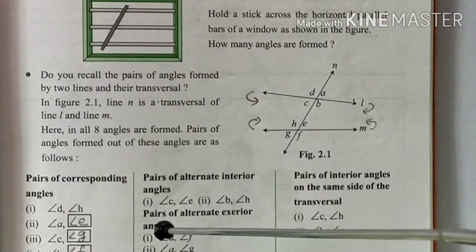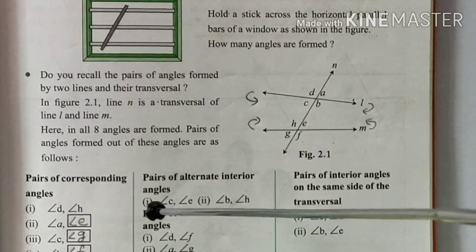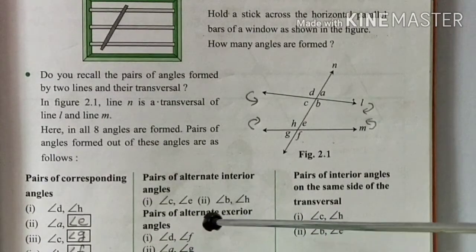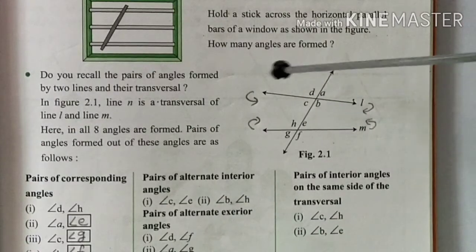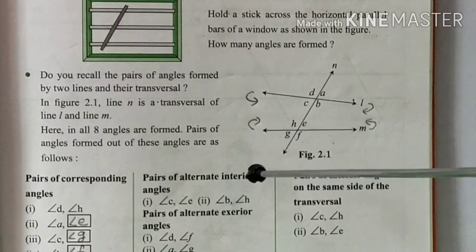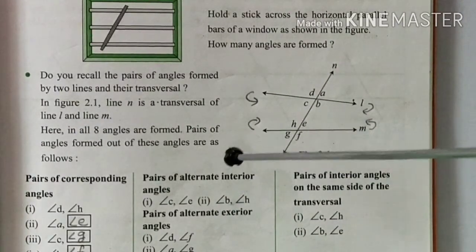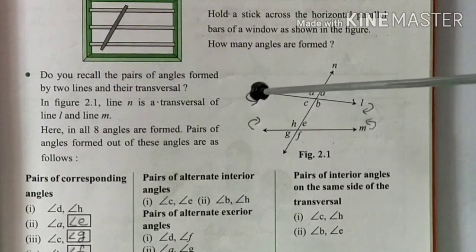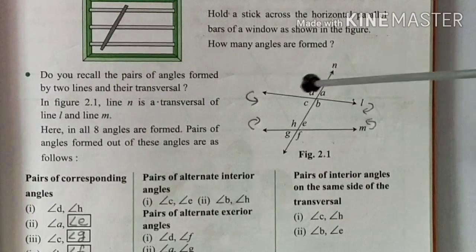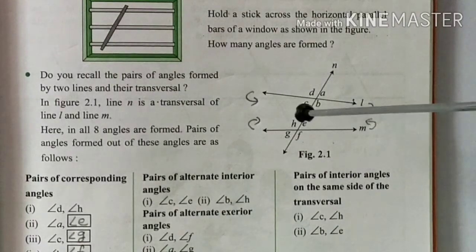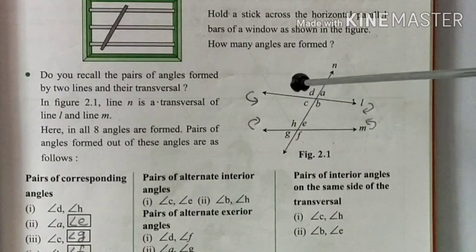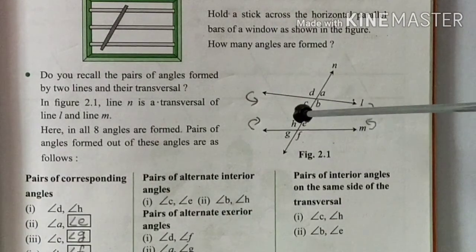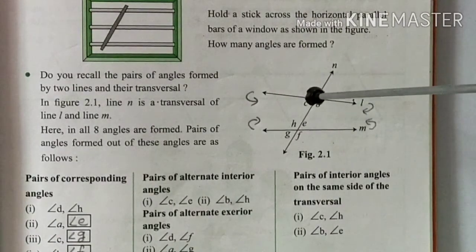And in the same way, the other two pairs are pairs of alternate exterior angles. So exterior means what? Yes, outside the lines, the external portion of the lines. And alternate means what? One angle is on the left side, another angle is on the right side. So as we notice here, angle D is on the left side of the transversal, above the line, in the exterior portion of the line.